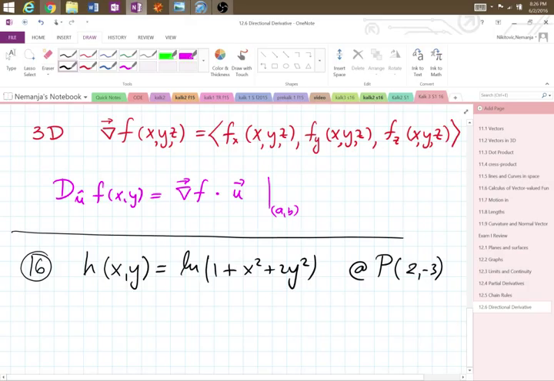So what is the gradient of h? What is the gradient of h computed at (2, -3)?